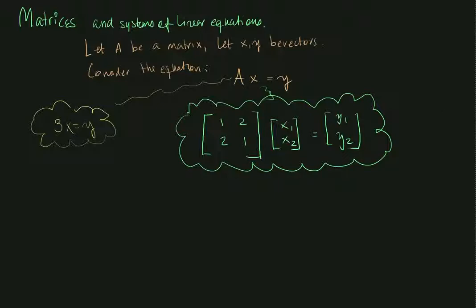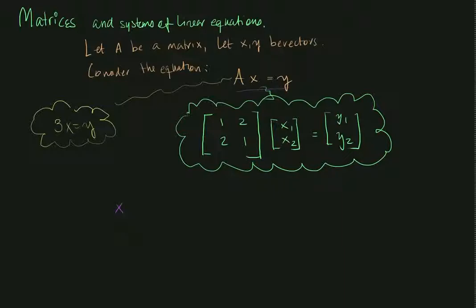Now, the third way you might associate examples to this equation, AX equals Y, is something that looks like this. Basically, when you take a matrix and multiply it with a vector, you do matrix multiplication. So some people instead just imagine the coefficients in the matrix already multiplied onto the x variables.